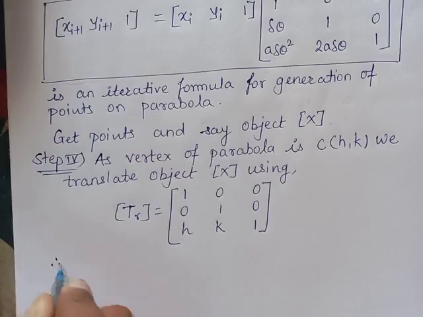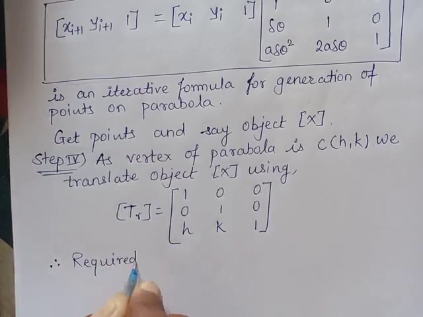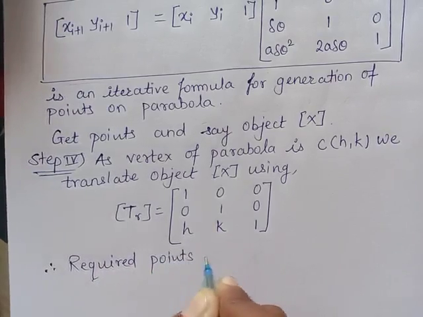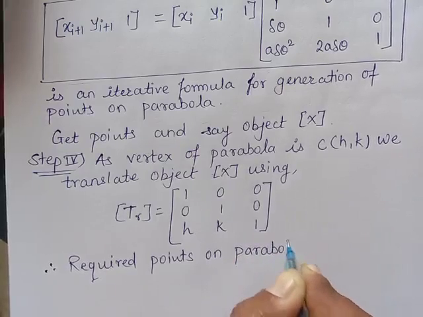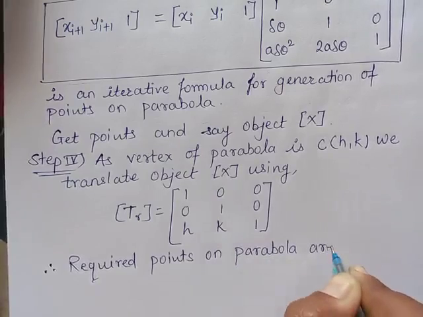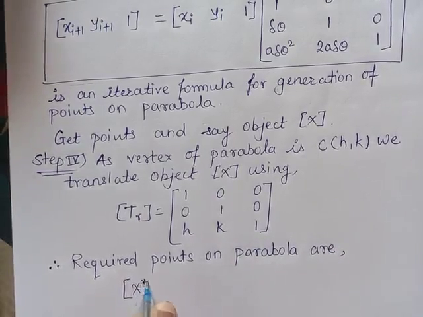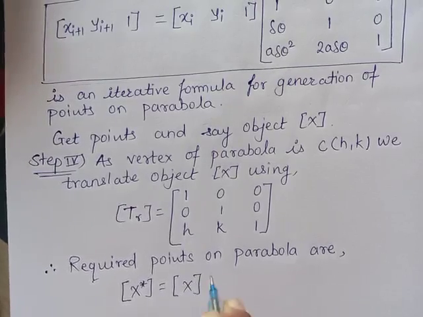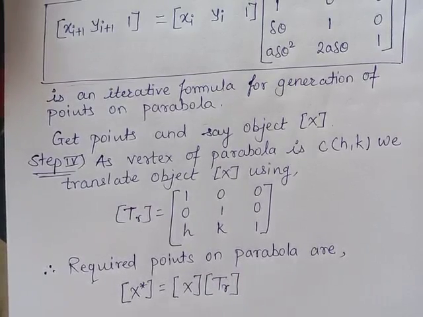Therefore the required points on the parabola are obtained by x star equal to x into TR, the translation matrix. This is the result here.